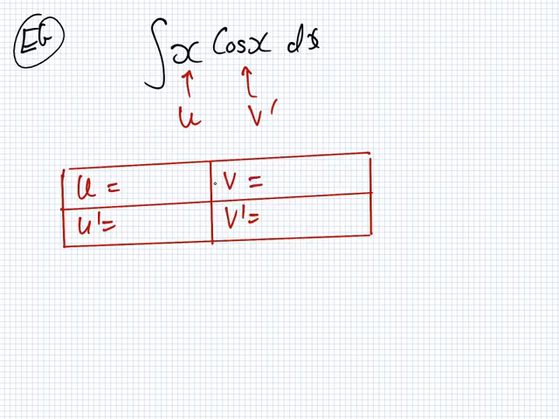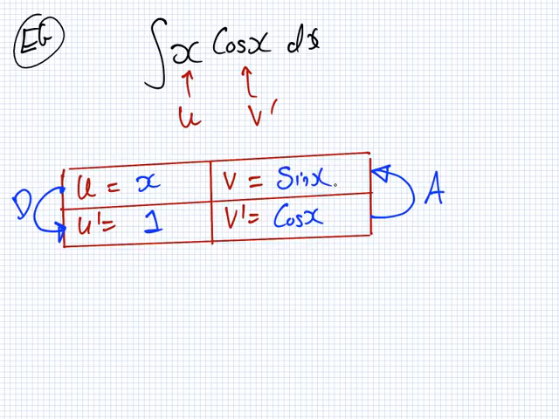Got that? Now the u we know it's x, and the v derivative we know it's cos x. If I want to go from u to u derivative, I differentiate, so that would be 1. And from v derivative to v, I anti-differentiate, I integrate. So that will be sin x.